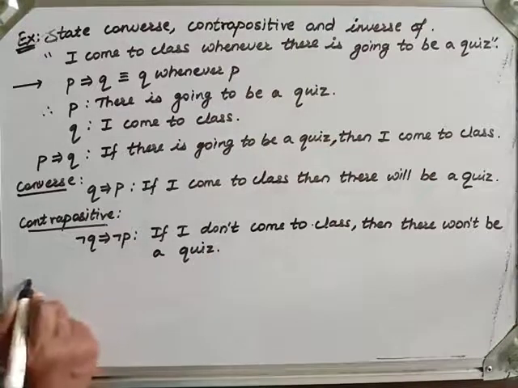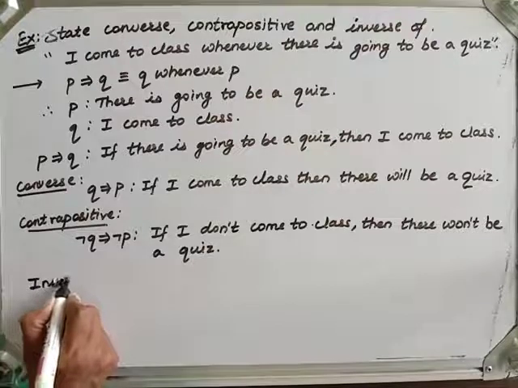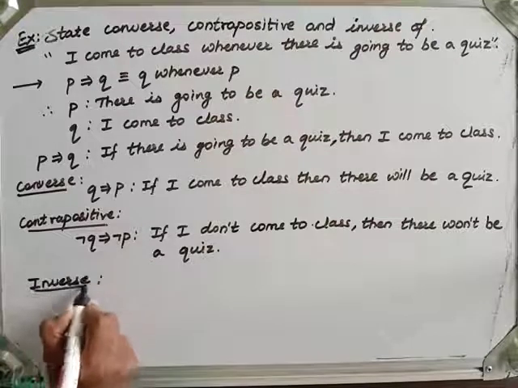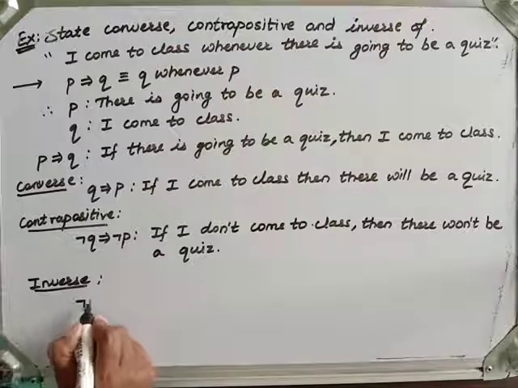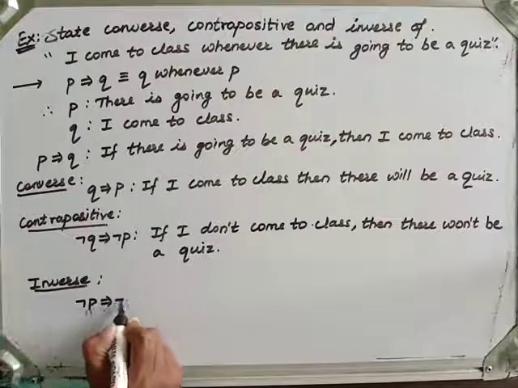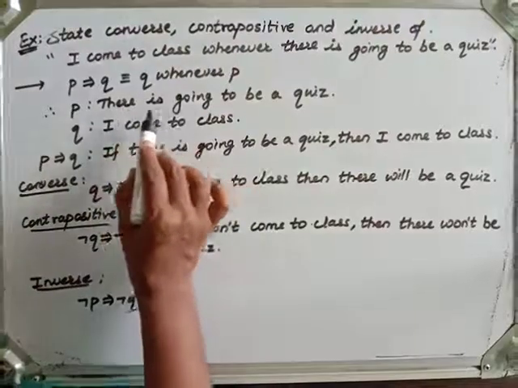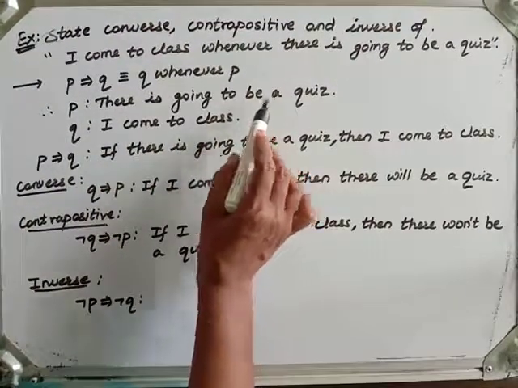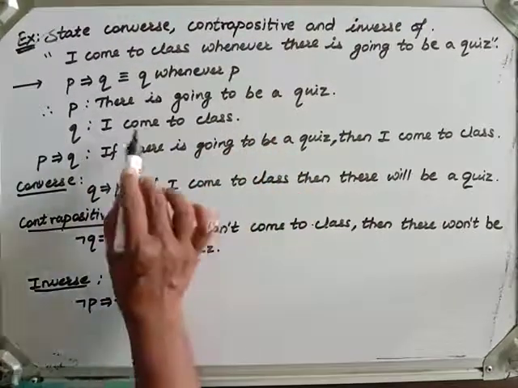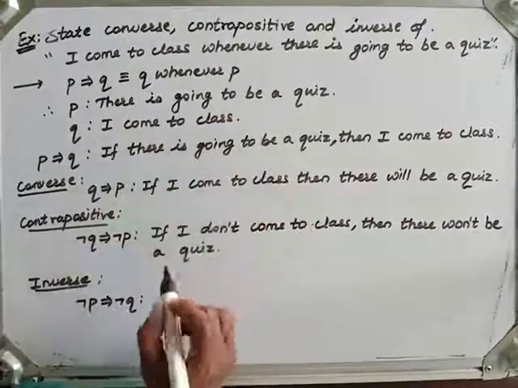Okay, and the inverse. What the inverse is? Inverse is negation P implies negation Q. So negation P is there is no quiz, then negation Q, I won't come to class.